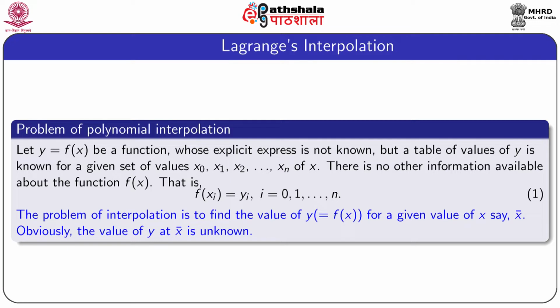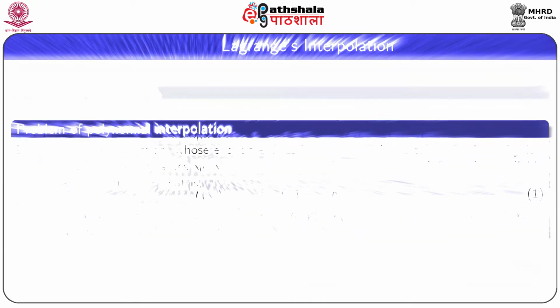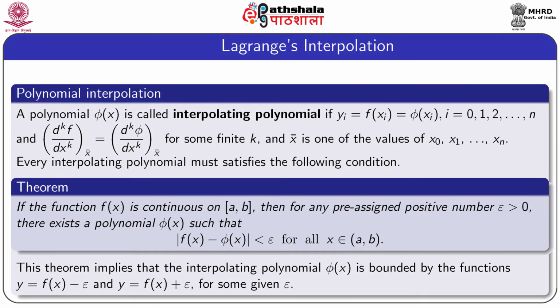The problem of interpolation is to find the value of y, which is equal to f of x, for a given value of x, say x bar. Obviously, the value of f at x bar is unknown. In polynomial interpolation, a polynomial phi of x is called an interpolating polynomial if y equals f of x i equals phi of x i, where f is the explicit unknown function, but phi of x is a polynomial.